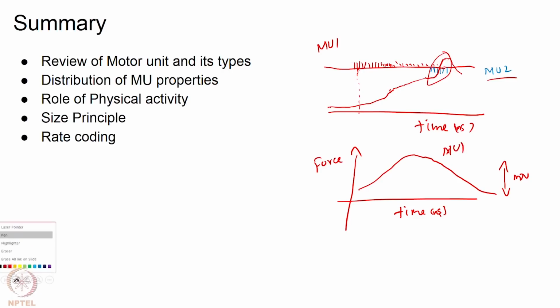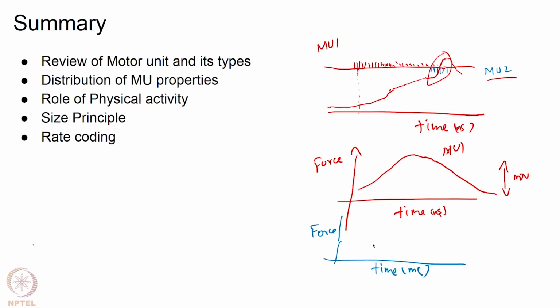For motor unit 2, suppose I were drawing the same force versus time curve, I am going to have something like that, with the scale being different, in the order of several tens of millinewtons.